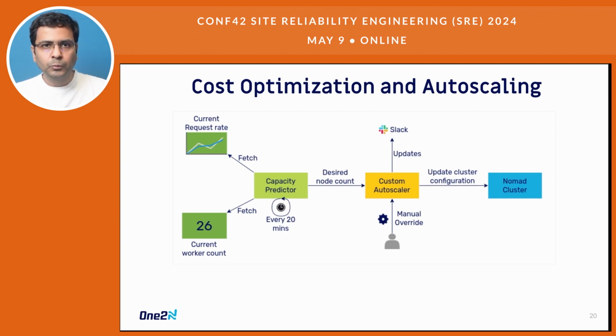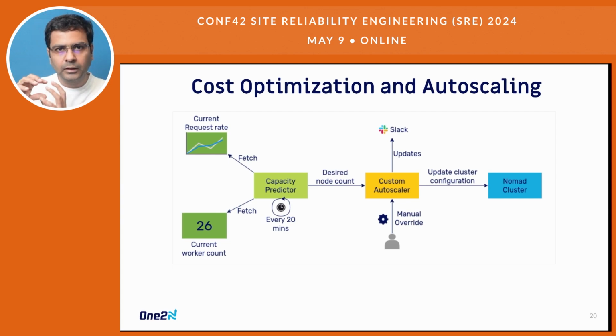But once the stores open and you continue to see an increase in traffic, you would want to spin up more nodes. If you see a decrease in traffic, typically during lunchtime, you would want to spin down a couple of nodes. So the capacity predictor takes the request rate, the rate of growth or decline, and the current node count, and based on the linear regression math and some other parameters, it predicts the desired node count.